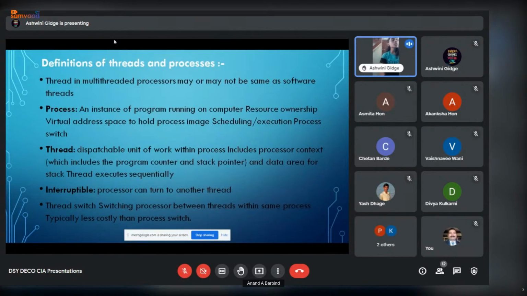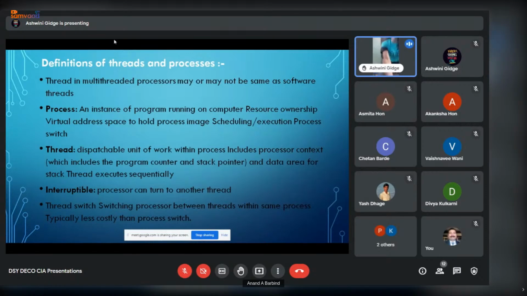Here is the definition of process. A process is an instance of a program running on computer resources, with ownership, a virtual address space to hold the process image, scheduling, execution, and process switch. Next is the definition of thread. A thread is a dispatchable unit of work within the process.